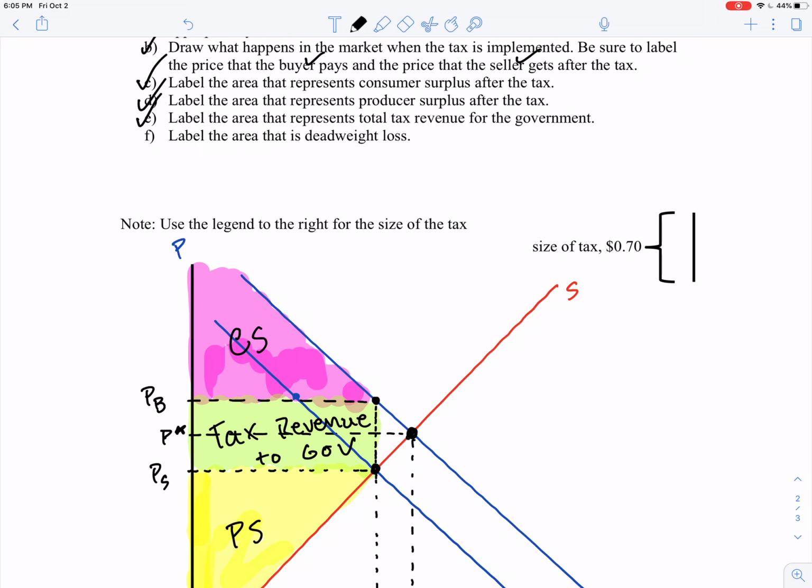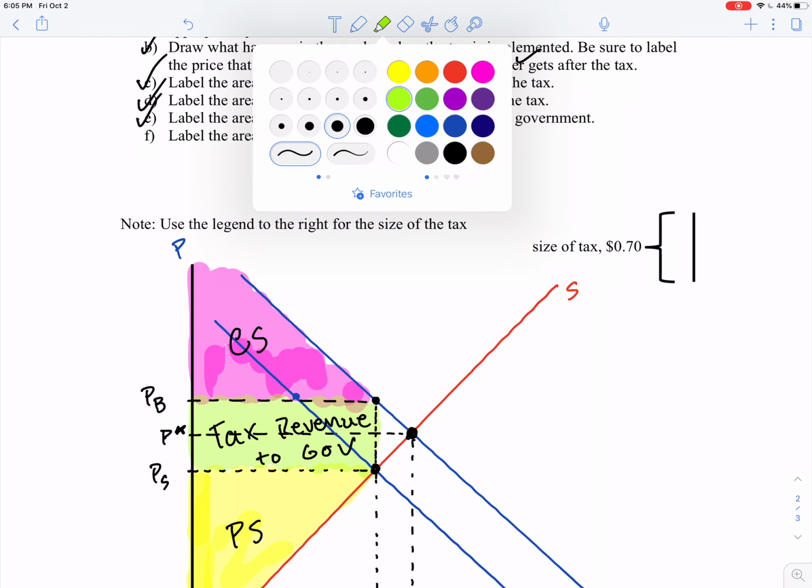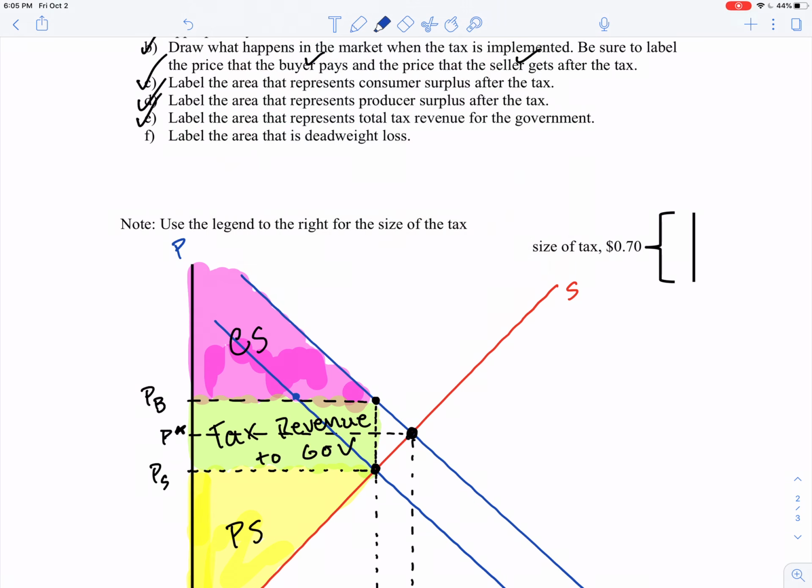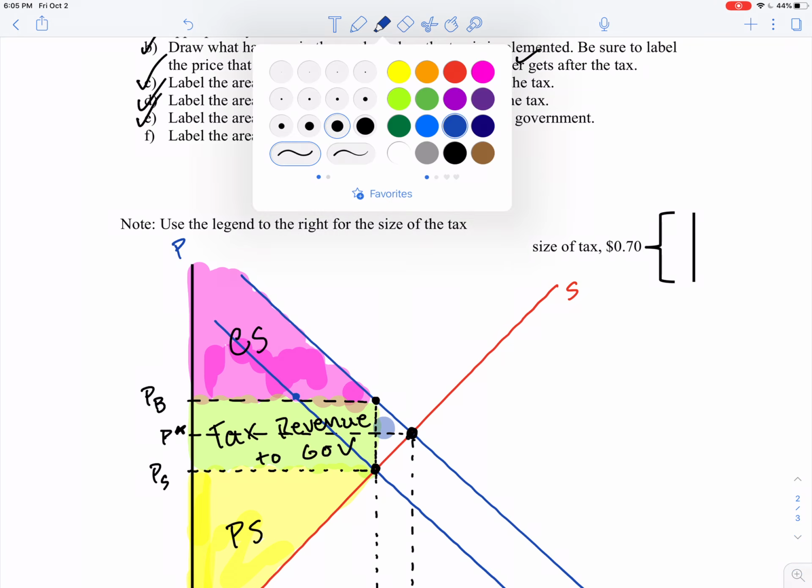Lastly, part F, label the area that is deadweight loss. Okay, well, remember that's that little triangle here at the end, so let's go with the blue. Maybe blue will work here. Let's do a smaller tip. There we go.